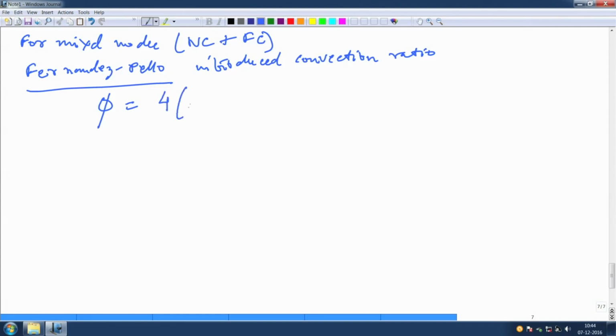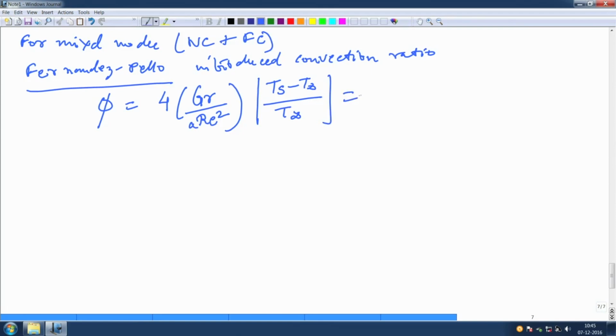So, this basically is like a Grashof number divided by Reynolds number square, times Ts minus T infinity divided by T infinity. There is a parameter A over here. Okay. So, that is the expression.